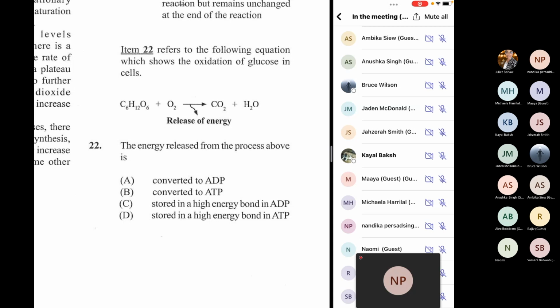So when it is being used, it is converted to ADP. When energy is being stored, it is converted to ATP. So just remember: energy release converted to ADP, energy stored converted to ATP. Right, so 22 is A. All right.